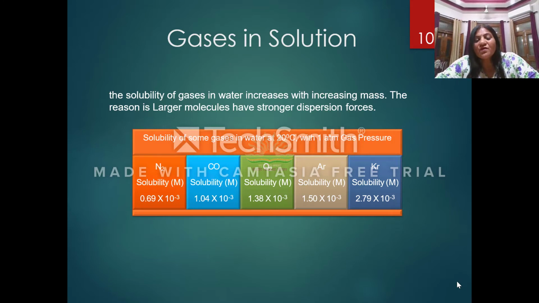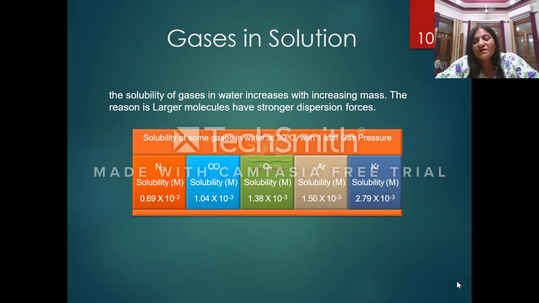Solubility of some gases in water at 20 degrees Celsius with 1 atmosphere gas pressure is given. N2 solubility in molarity is 0.69 into 10 raised to power minus 3. Carbon monoxide solubility is 1.04 into 10 raised to power minus 3. O2 solubility is 1.38 into 10 raised to power minus 3.